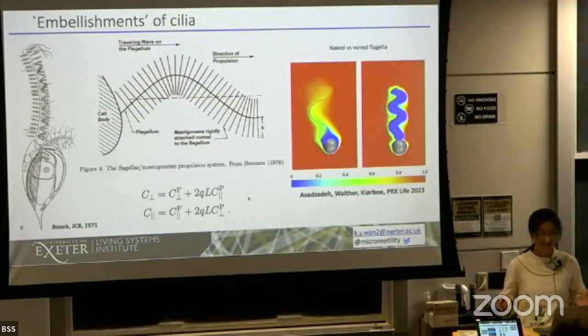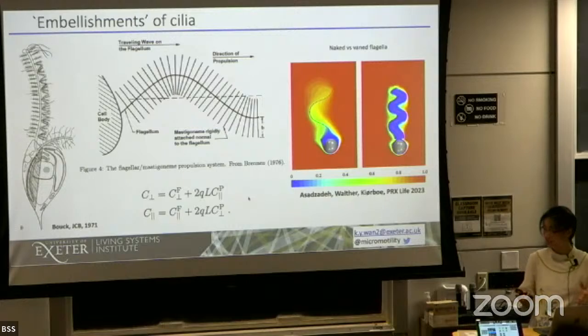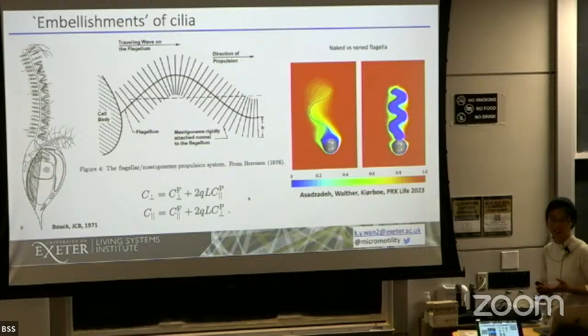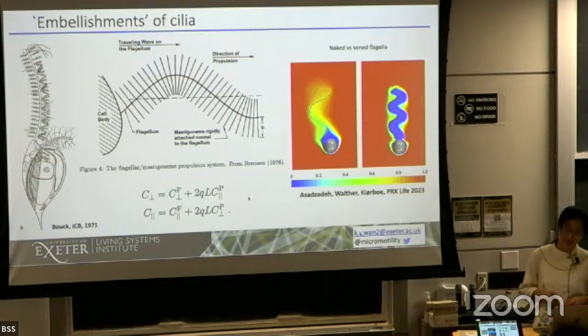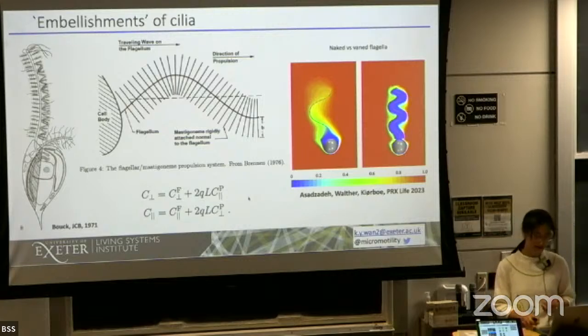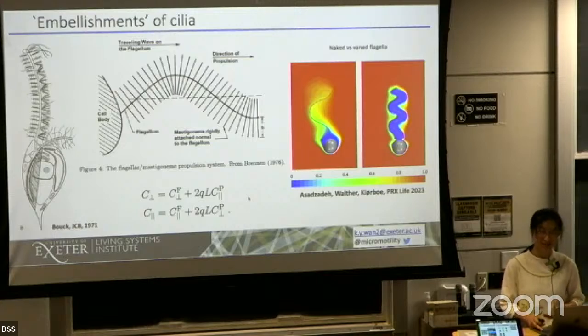And therefore, the class of solutions that you could change is really limited. So in this case, it turns out, as you might expect, having this very fluffy or decorated flagellum enables an enhancement in feeding. And this may be important in certain types of organisms.